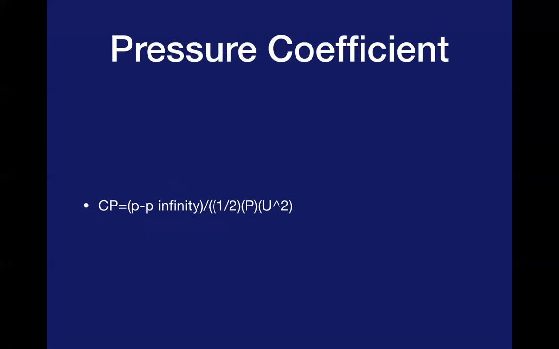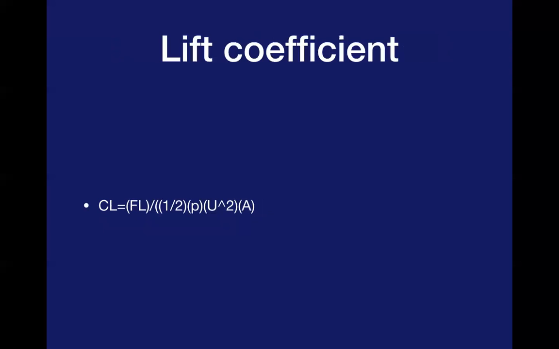So the pressure coefficient is defined as CP is equal to P minus P infinity divided by 1/2 rho U squared. And then for the lift coefficient, it starts off with F lift is equal to FL, and then you can take the double integration over the surface.